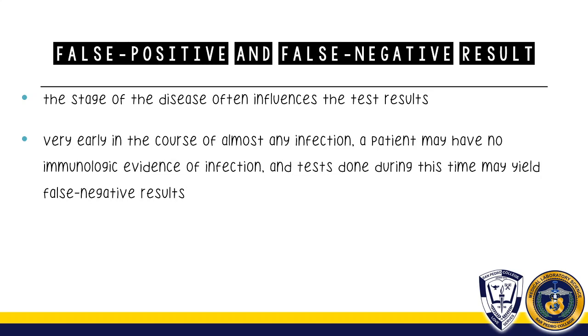This is almost the same as why the stage of the disease influences the test result, and it may yield a false negative result because of that period of time in your disease.